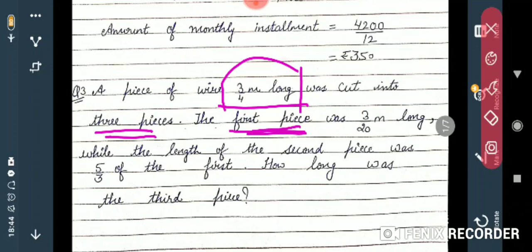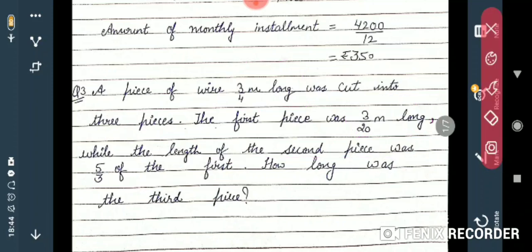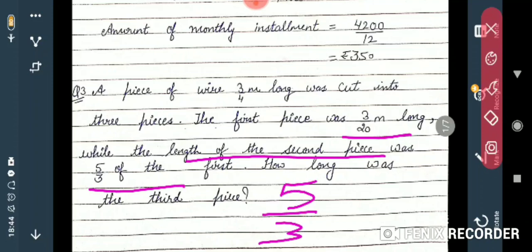Now the first piece is 3/20 meter long, while the length of the second piece was 5/3 of the first. So the length of the first piece is given, 3/20 meter, and the length of the second piece is 5/3 of, meaning multiply, what? The first. And what is the length of the first piece? 3/20.